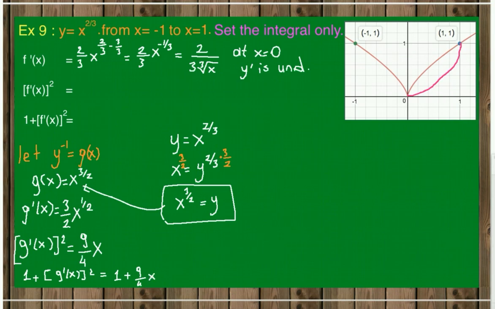Now we can set the integral for this red line. Integral from 0 to 1, square root of 1 plus 9 over 4 x, dx.